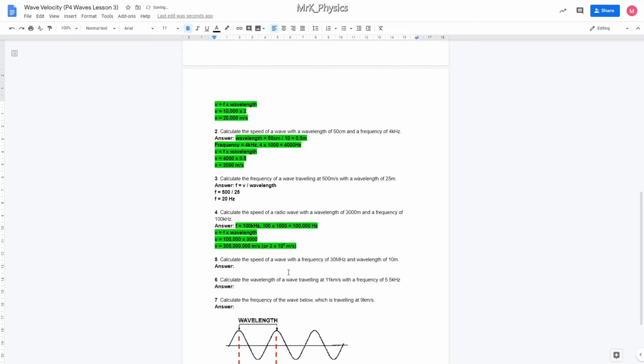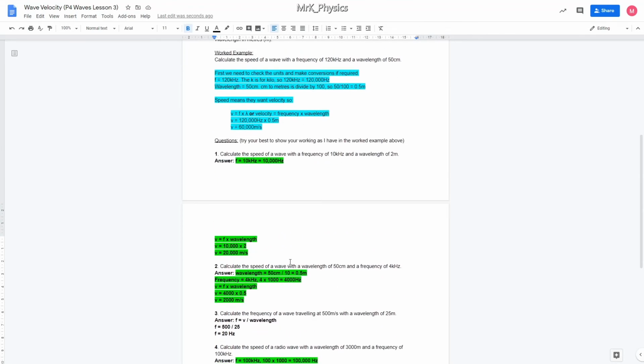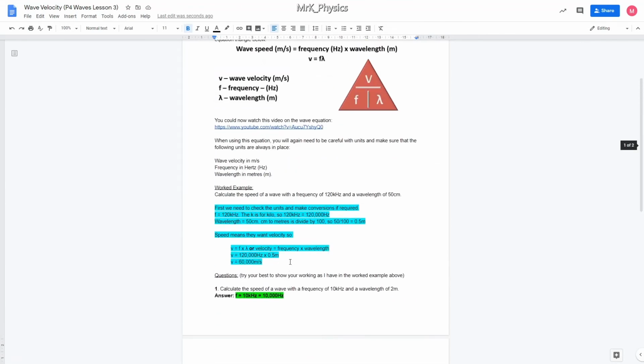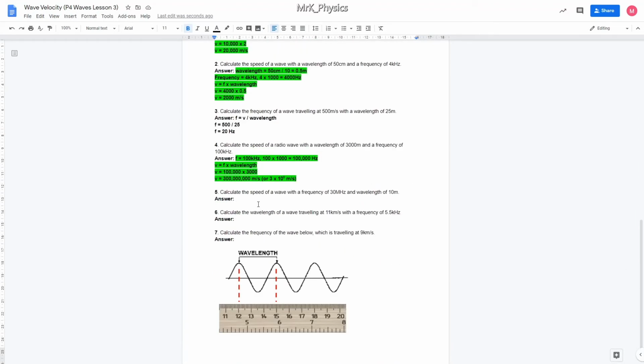And number 5, so calculate the speed of a wave with frequency 30 MHz and a wavelength of 10 meters. So MHz, you've got to think about what MHz might be. So we've already done K, or kilo, which is kilohertz, it's times it by 1,000. This time what we've got with 30 MHz is we're actually going to be timesing it by a million.